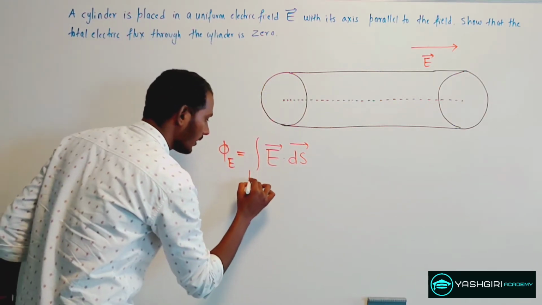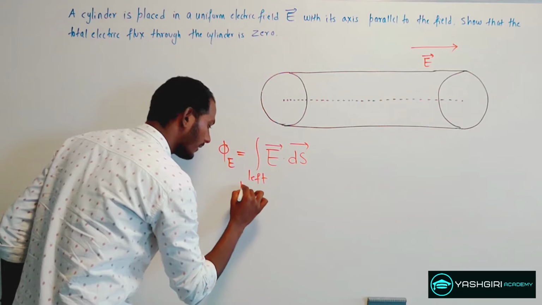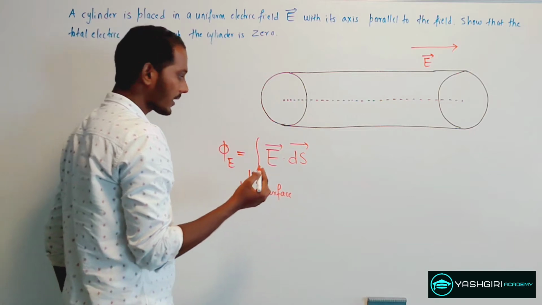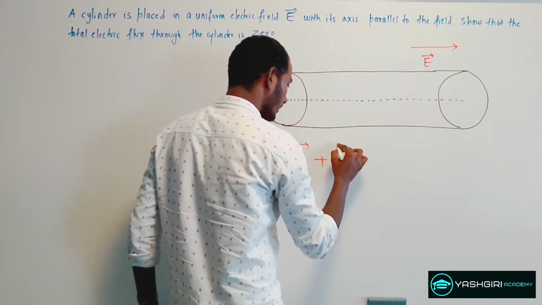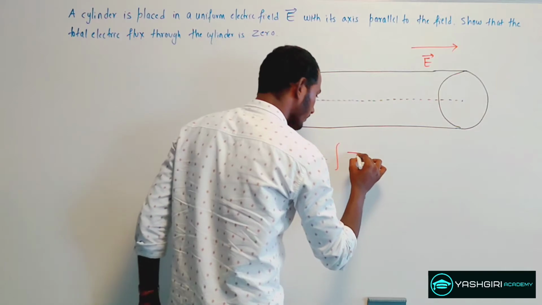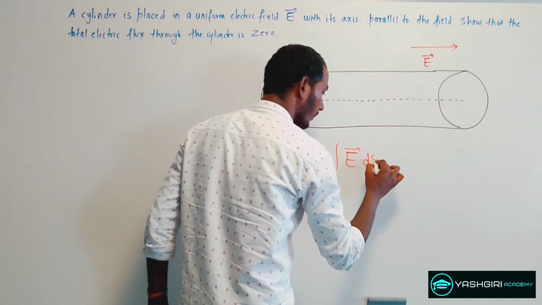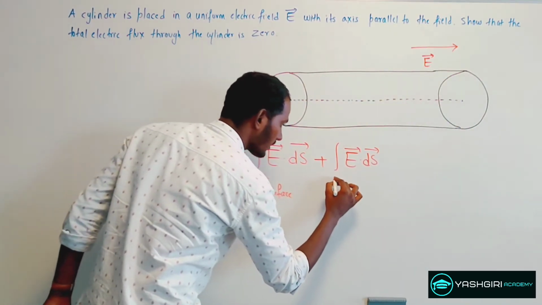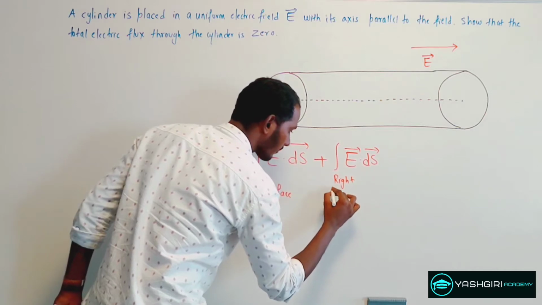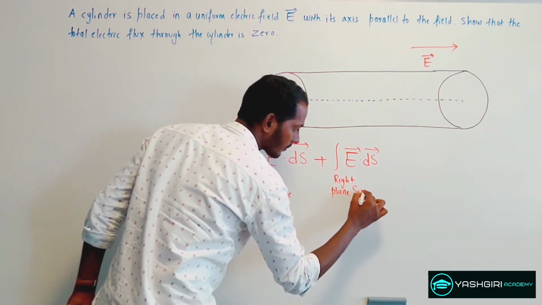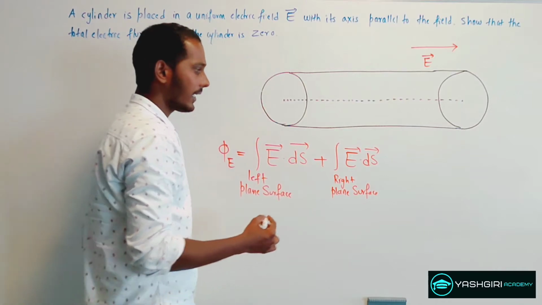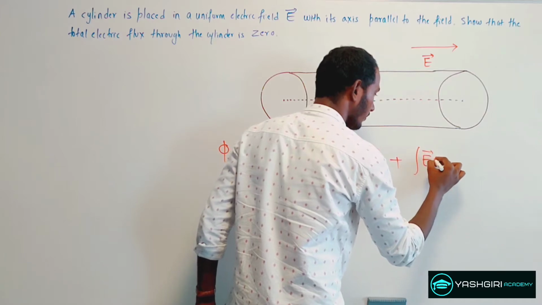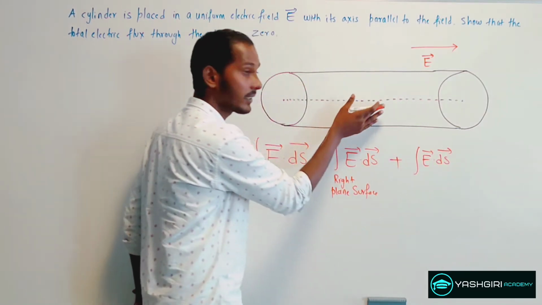So let me say this is my left plane surface. In the same way, let me calculate the integral of vector E dot vector ds for this right plane surface, and the electric flux through this curved surface.